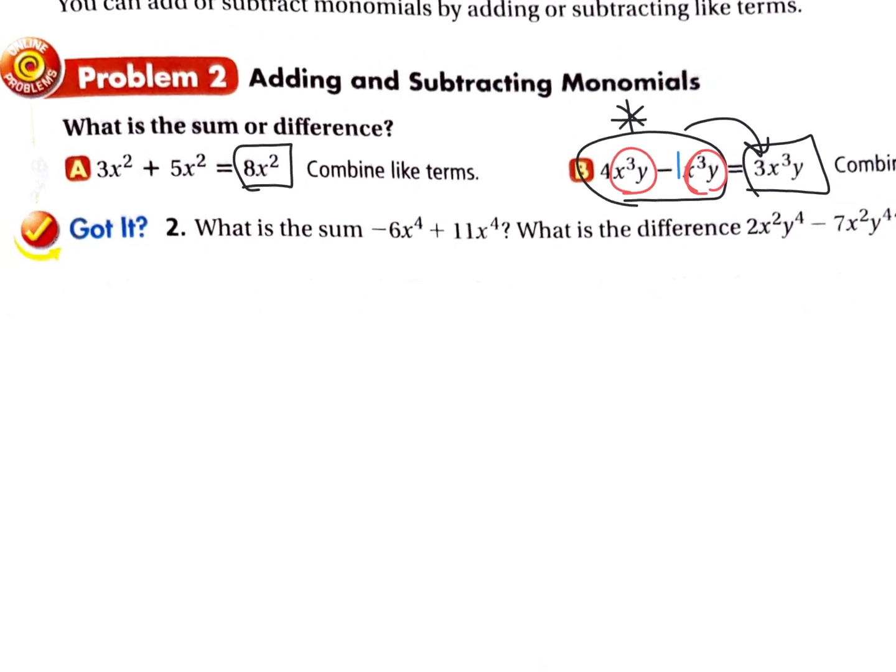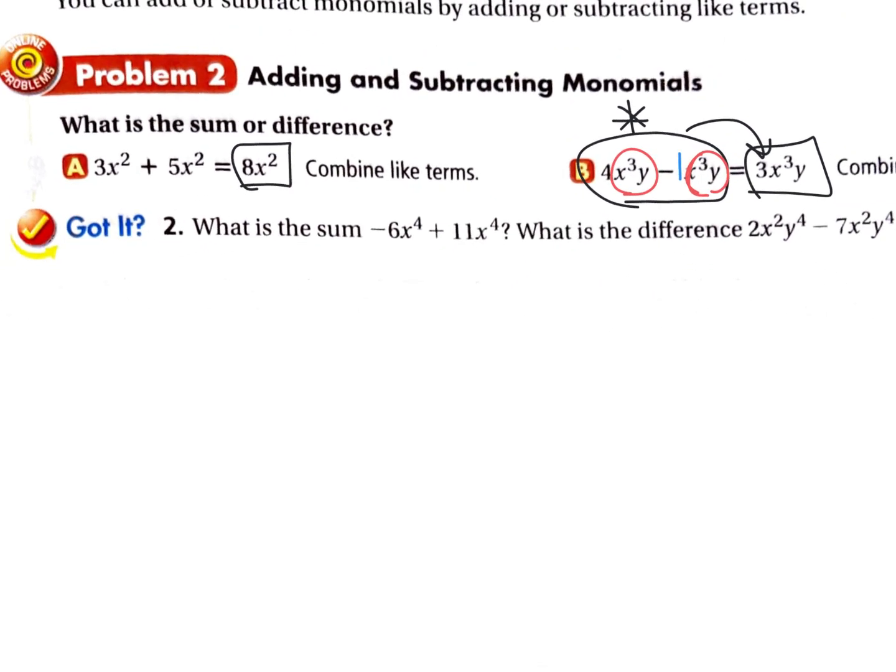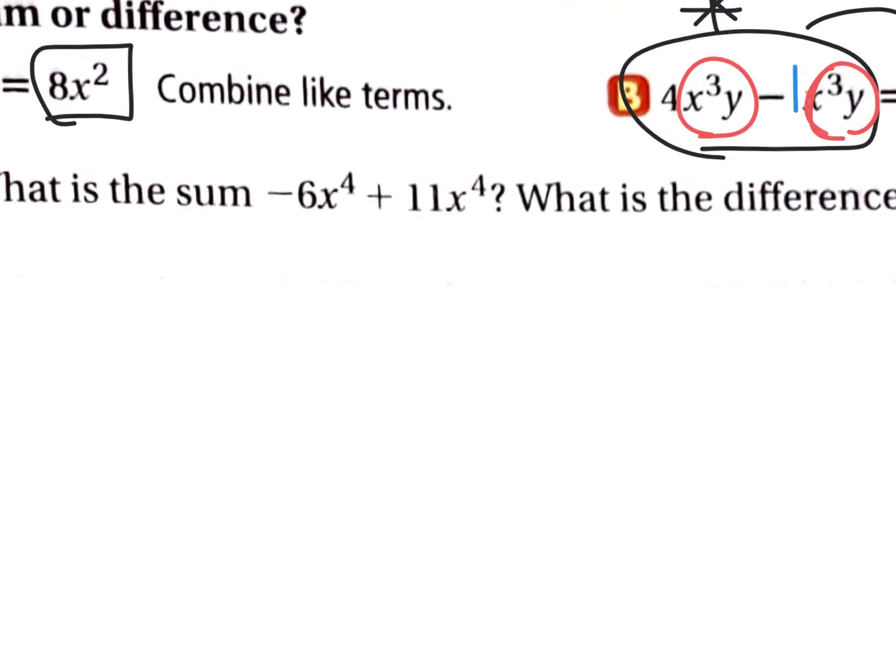If we look at the got it question, they want us to find the sum of negative 6x to the 4th plus 11x to the 4th. Just as if we're adding negative 6 plus 11, and then the x to the 4th just comes behind it. Negative 6 plus 11 would be 5, so this would be 5x to the 4th.